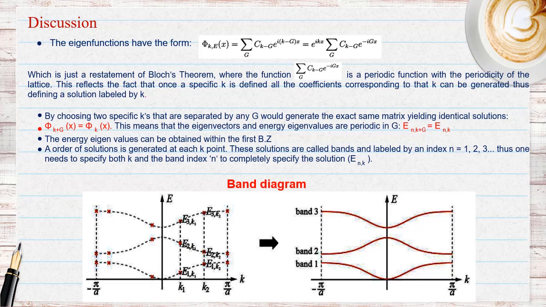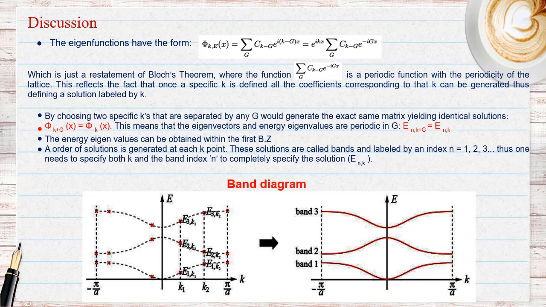This is just a restatement of Bloch's theorem, where the function multiplied by e^{ikx}, that is the summation over g of Ck−g e^{−igx}, is a periodic function with the period of the lattice. This reflects the fact that once a specific k is defined, all the coefficients corresponding to that k can be generated, thus defining a solution labeled k.